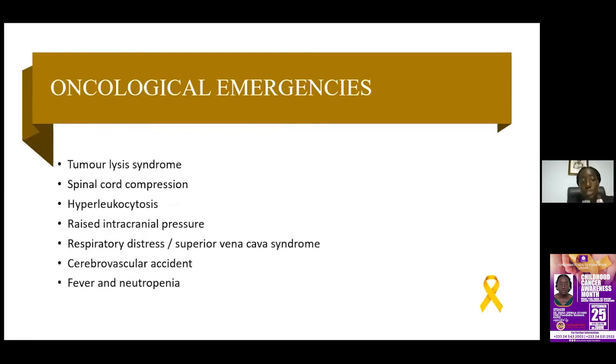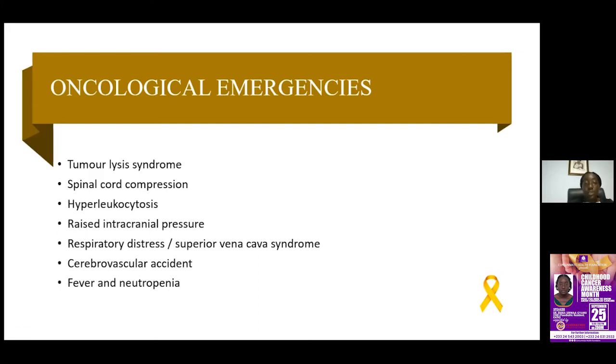Another important topic we want to have a look at, considering childhood cancers, are the oncological emergencies, because you notice that most of our people in our region, when there's any swelling, may manage it in the house. But when there's an emergency, if the child is pale, these are what will bring them to the hospital. A parent will notice the swelling and wouldn't be prompted to bring the child.